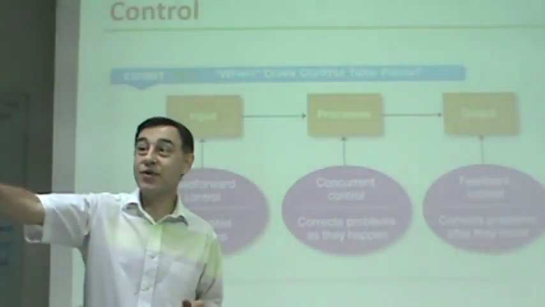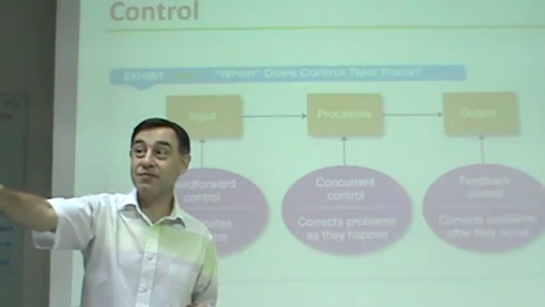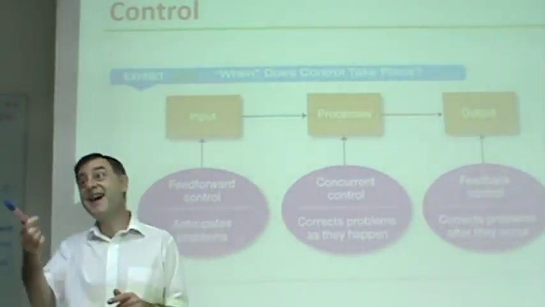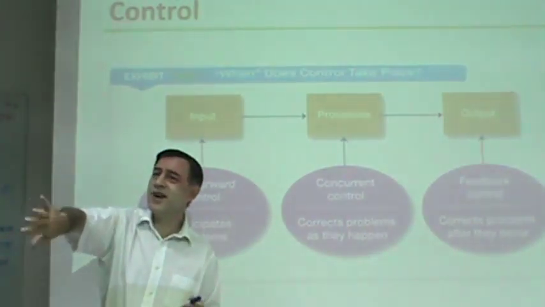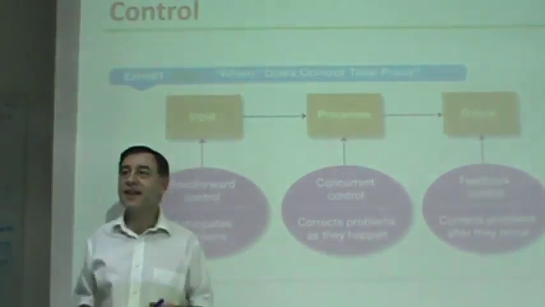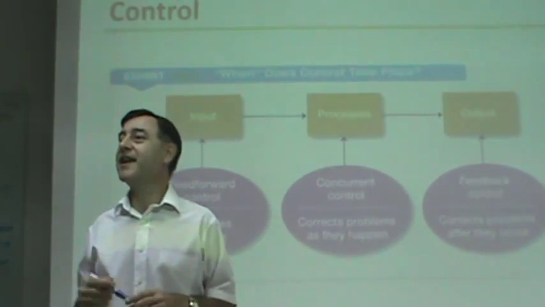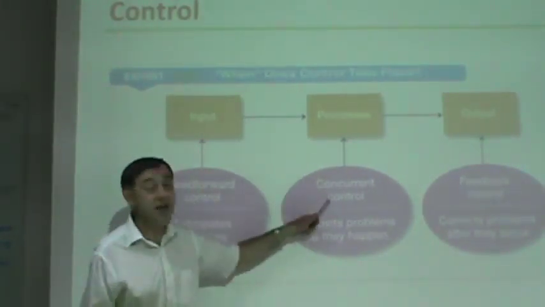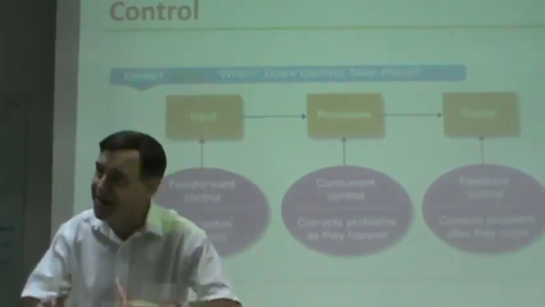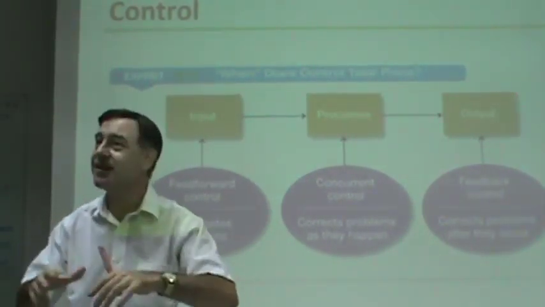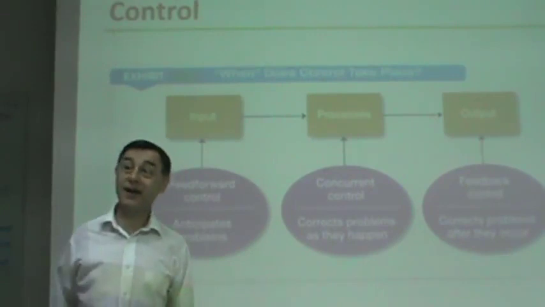So you move the iPad far away, 1 meter away, and you don't play with it anymore. It's called a concurrent control. I see you playing with it, I say, okay, move it away, okay?